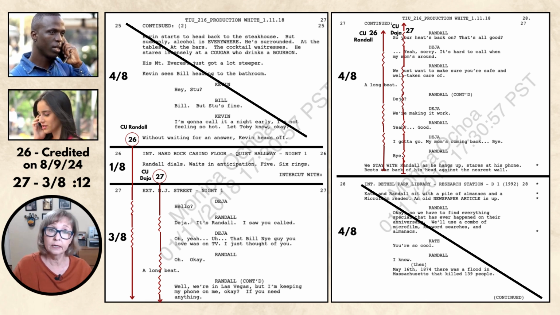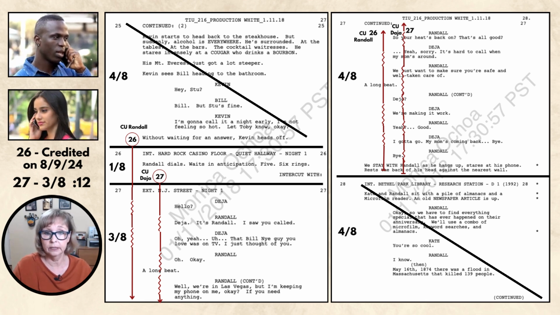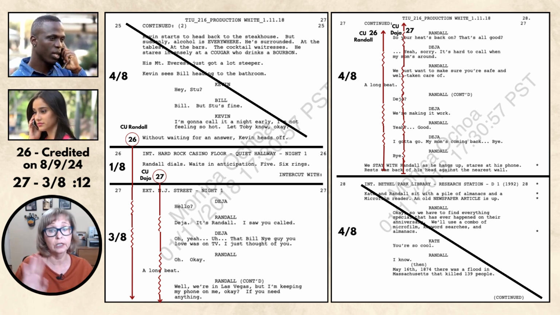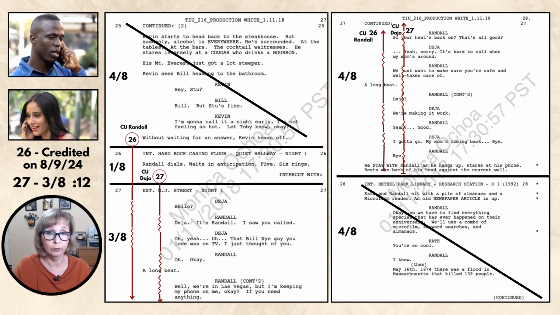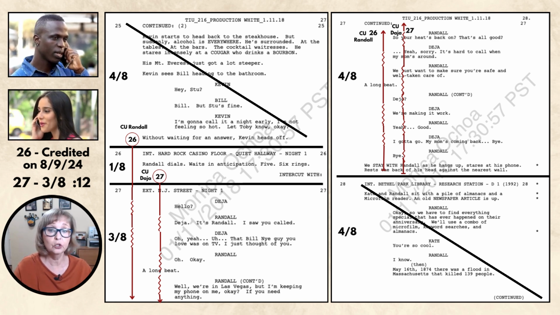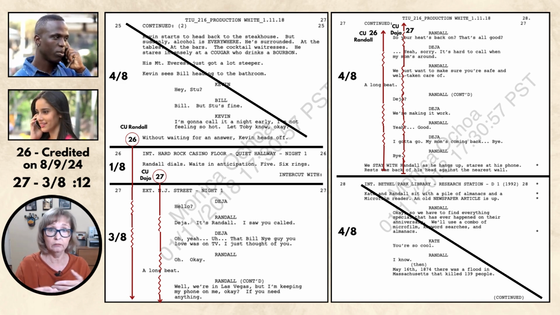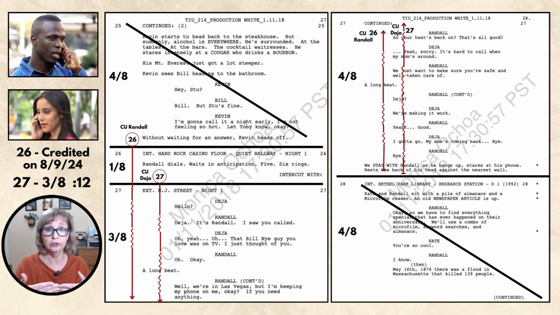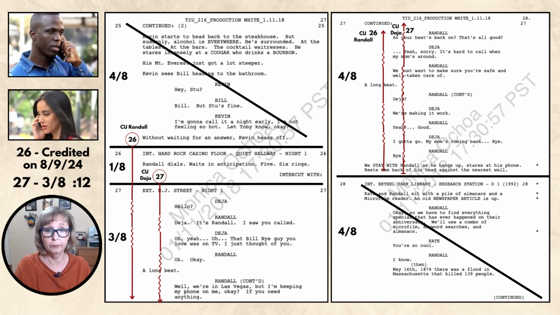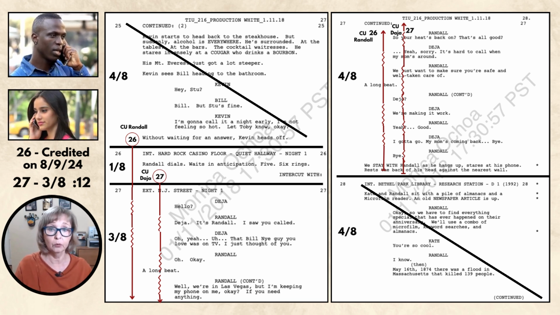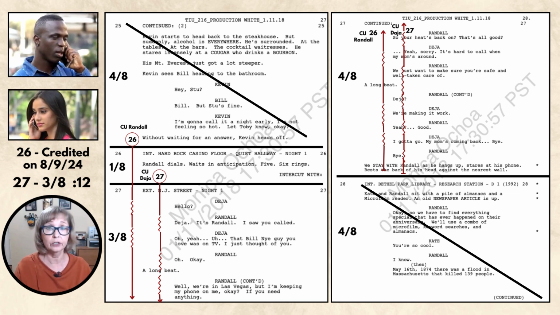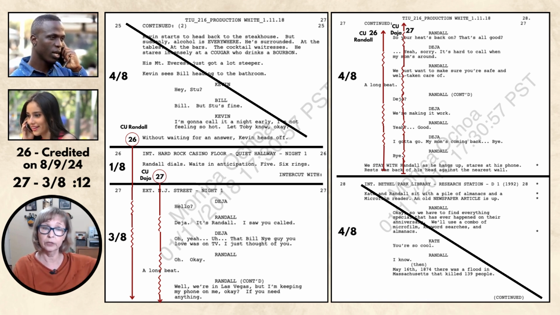All right. And then, of course, you want to make sure that on her side, she's looking the opposite direction. So she's looking camera left, right? So when you put those two pieces of film together, they're talking to each other, not in the same direction. Say if I had both of them looking camera right, it doesn't look like they're looking at each other. They both look like they're looking off screen somewhere.